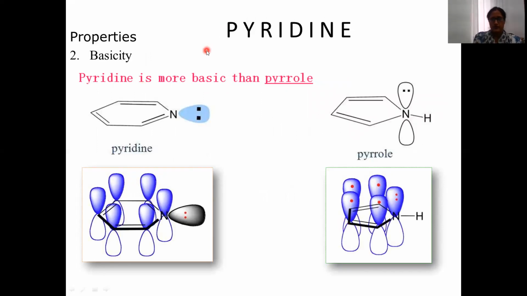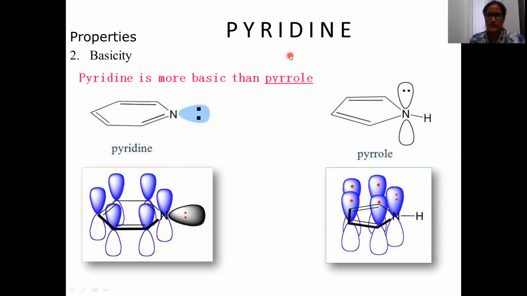Now the next property of pyridine is basicity. Due to the presence of nitrogen, it acts like a base, but pyridine is more basic than pyrrole.